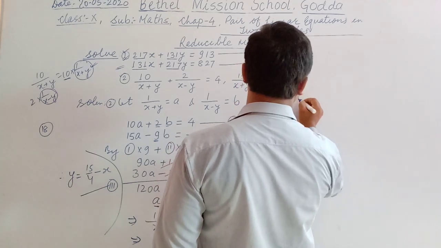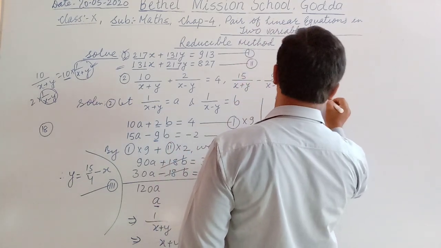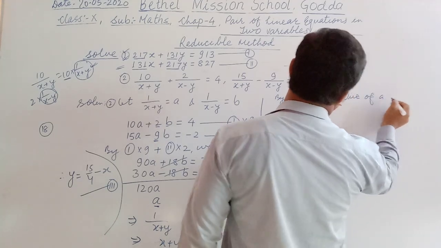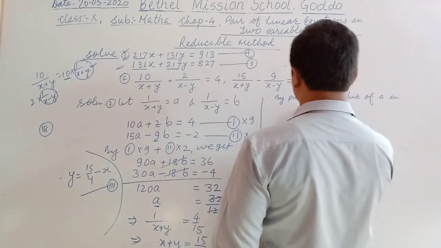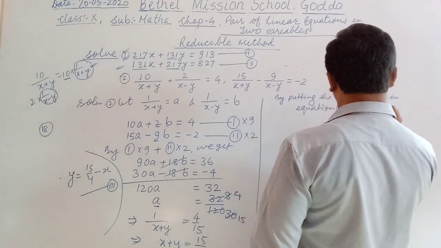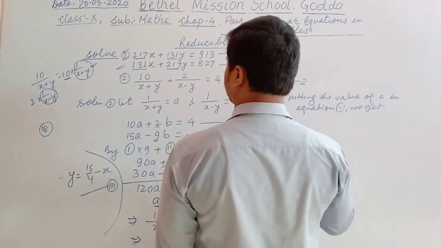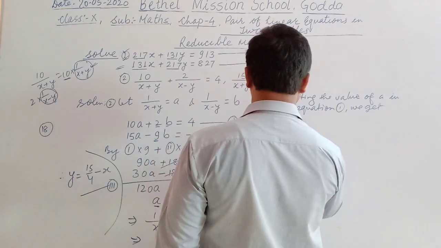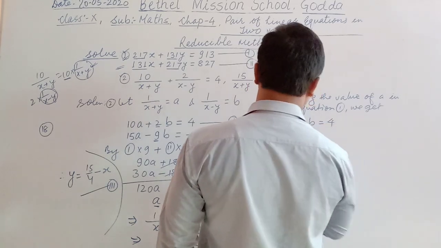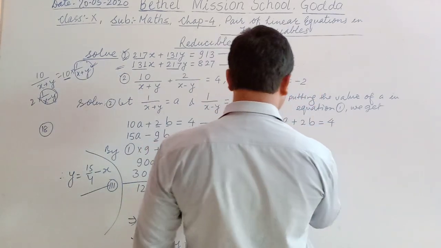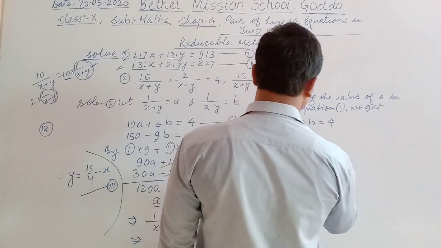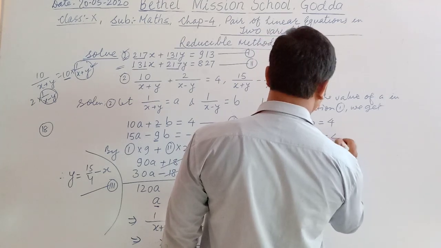By putting the value of a in equation 1, we get: equation 1 is 10a plus 2b equal to 4, and the value of a gives 10 into 4 upon 15 plus 2b equal to 4.